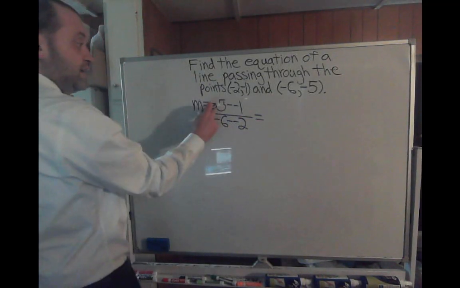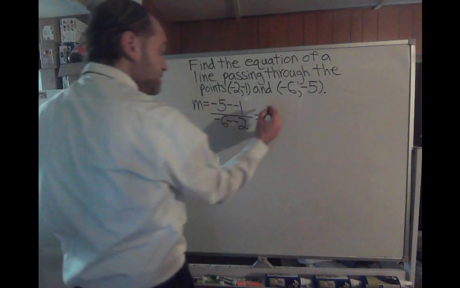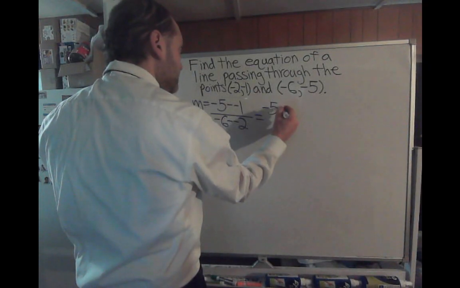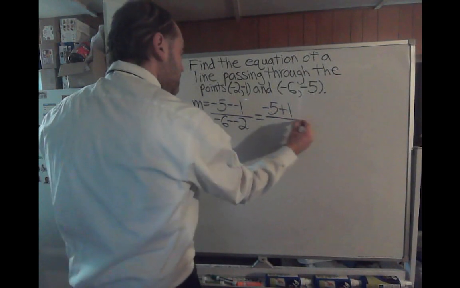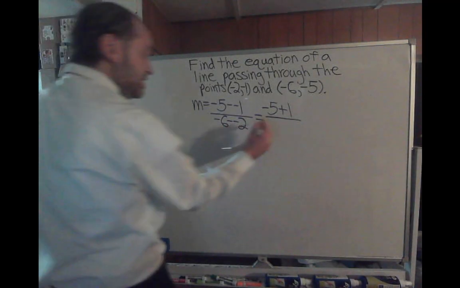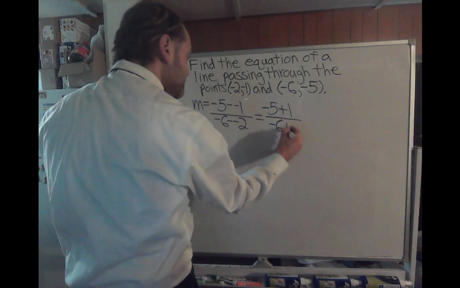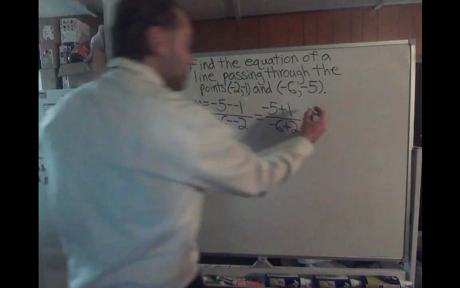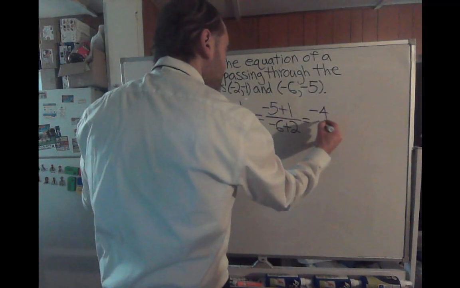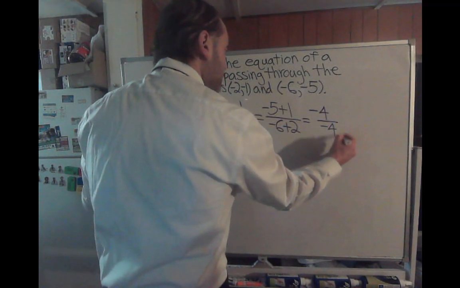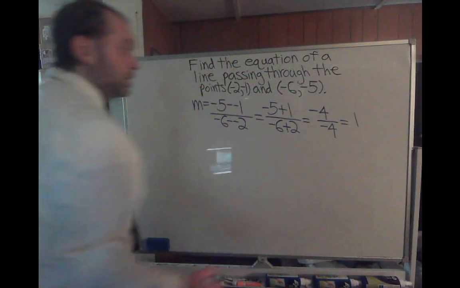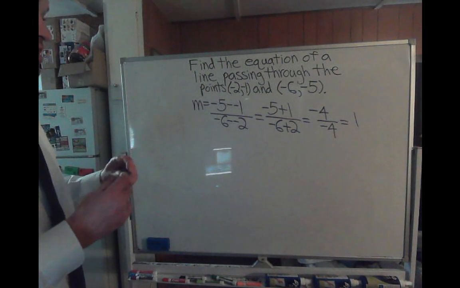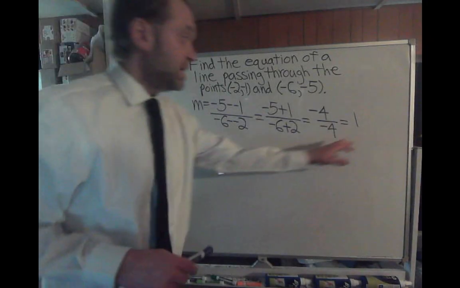So let's see, negative 5 minus negative 1 turns into negative 5 plus 1 over negative 6 minus negative 2 just turns into negative 6 plus 2, which would then equal, of course, negative 4 over negative 4, which would just give you a slope of 1. So the slope of this line is 1.